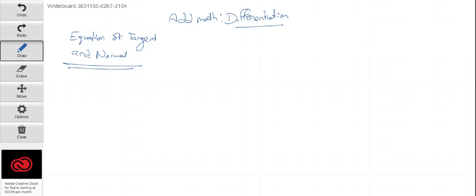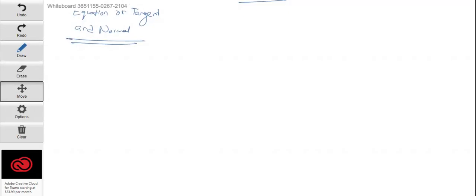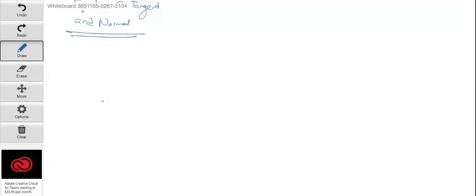Now, what exactly are tangents? Now, if you look at this graph, if you take a look at this curve over here, a tangent is basically a line that touches the surface of the curve and then goes away.